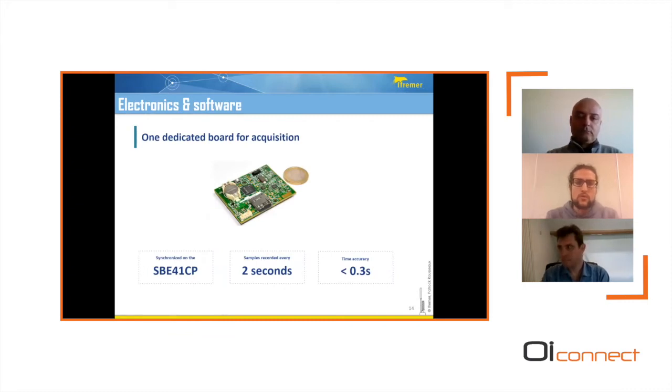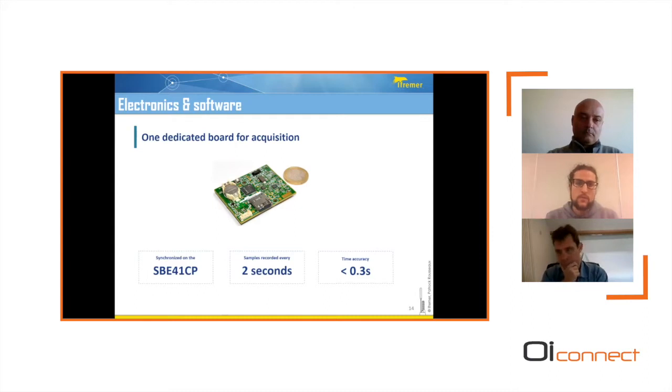We also took a close look at the synchronization process. I will talk about it a bit later. We chose to work with two PCBs. The first one is dedicated to commanding the movement of the profiling float in the water column, to store the data, and then to command the satellite transmission.